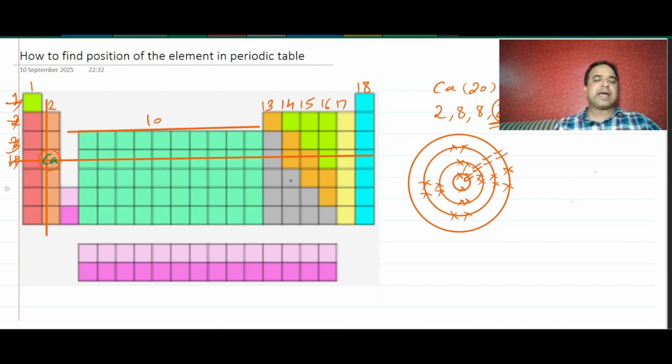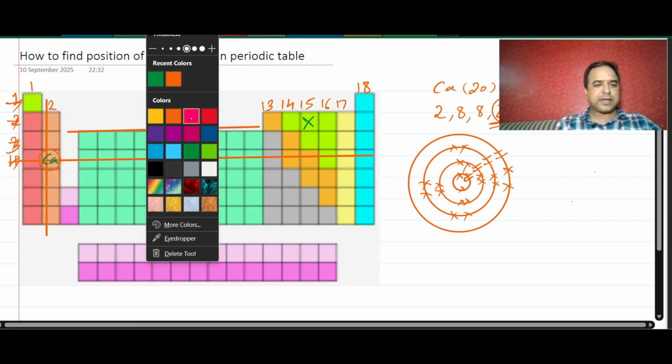Similarly, if any element is shown in the periodic table, for example, there is an element X in this. So, what you need to decide? It is present in which vertical column and it is present in which row. So, here you need to check which row it is found in.